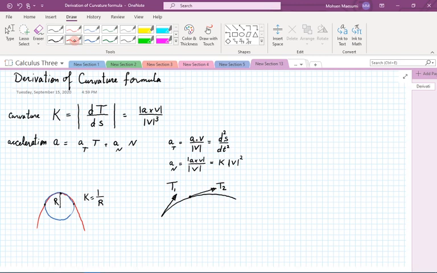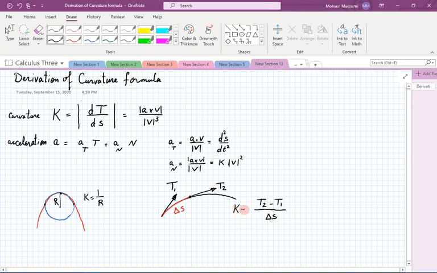Well, from the starting point to the ending point, we have traveled some distance. Let's call that length delta s. What we are after is how much this unit tangent vector changes while we traveled a length of delta s. So if I take T2 minus T1, find the difference between these two, and divide this by delta s, I get a good approximation for the curvature.